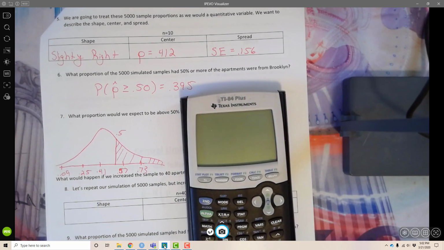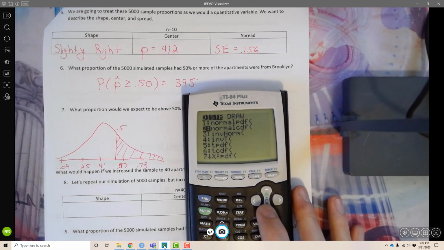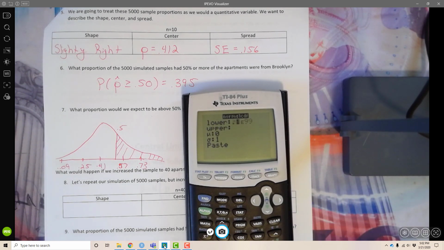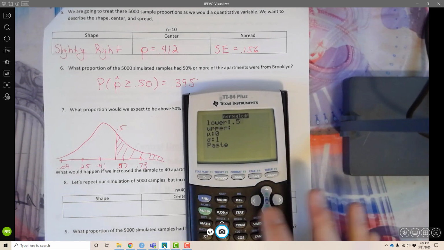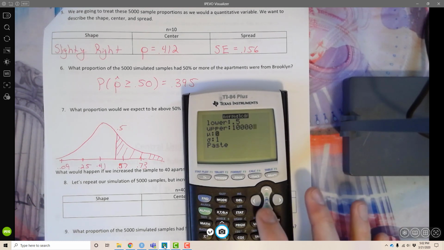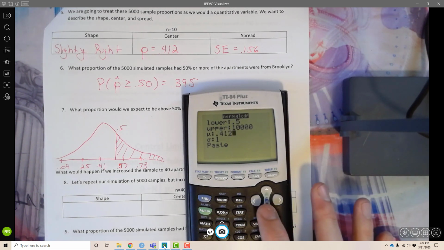We'll go to our calculator, turn it on, go to second vars, and then scroll down to normal CDF, enter in 0.5 for our lower bound, because that's where we start shading, our upper bound of some large positive number. From our sampling distribution, we found the mean to be 0.412, a standard deviation of 0.156.